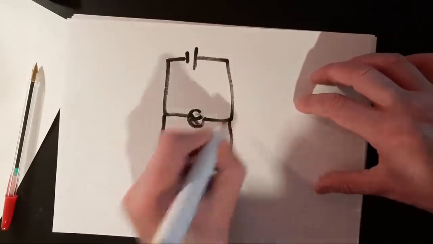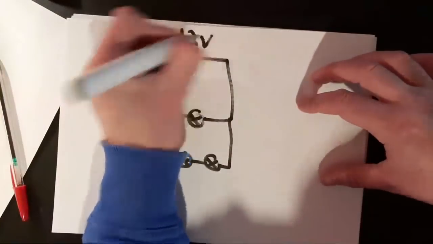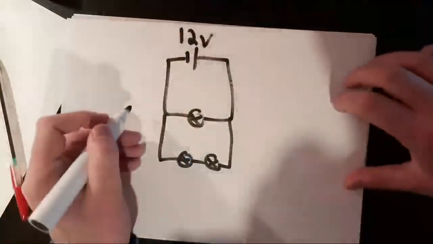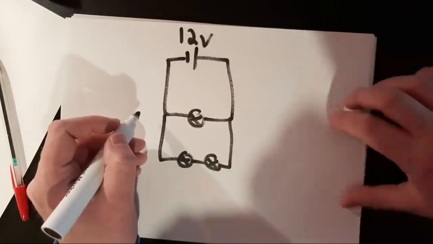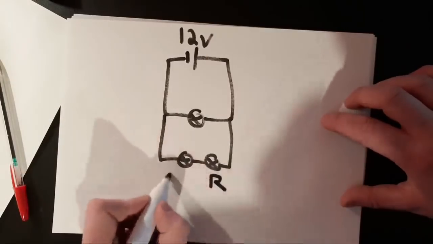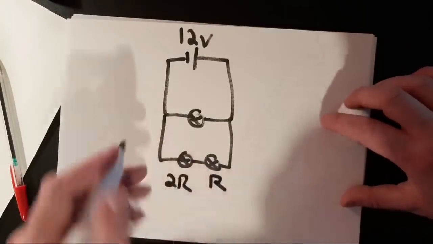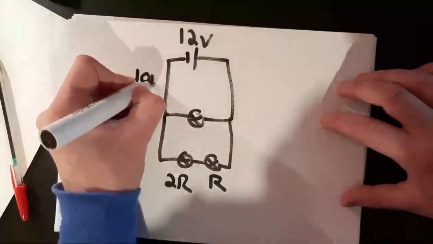So these are bulbs I'm drawing. Let's say I've got a 12 volt cell, and I know that this has a resistance of R. This has a resistance of 2R. I know that the current here is, let's just say 10 amps.